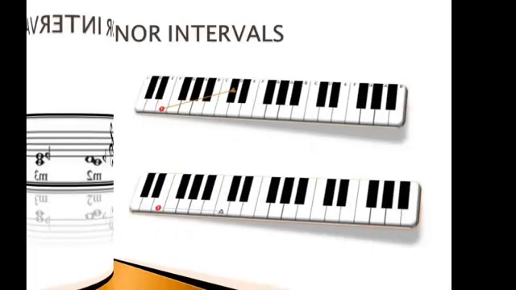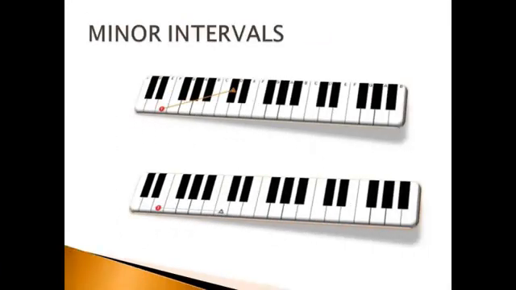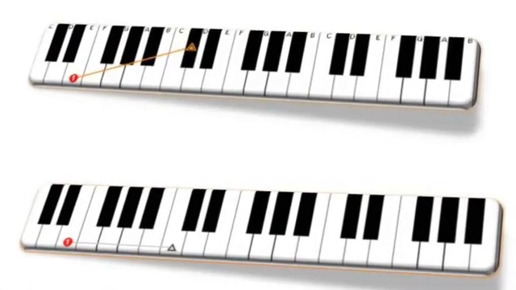On these slides, we're looking at intervals on the keyboard. So you can see that the first keyboard is E to C sharp. In the key of E major, C would be sharp. So E to C sharp would be a major sixth. E to C would be a minor sixth.